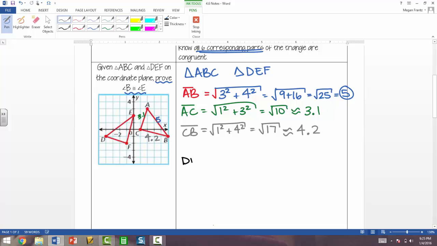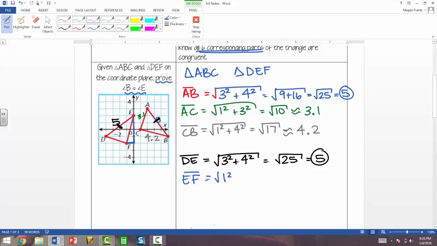So let's do DE first. To make this triangle, we go up 3 and over 4. Hopefully you're noticing a pattern here. So this side here is 5, which coincidentally is the same length as this side over here. And then let's find EF. So I go down 4 and over 1.